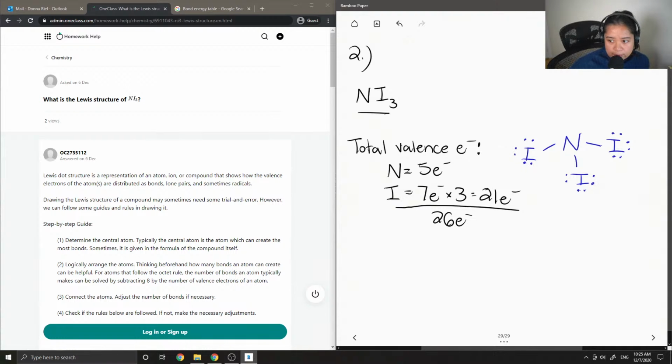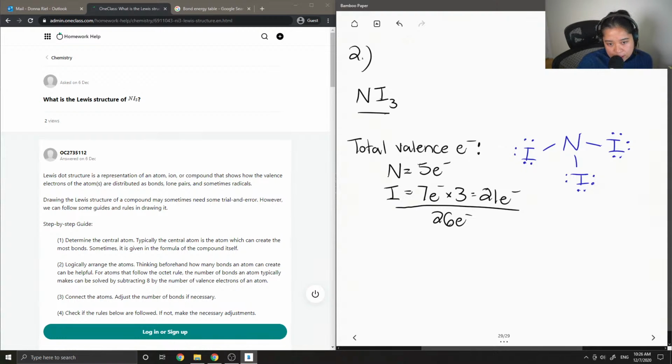Okay, so after I write all the lone pairs on all of the terminal atoms, I like to count how many I have so far at this step. Each bond contains 2 electrons. So we have 3 bonds, so that is 6. And then I'm going to count out all of the lone pairs. Each of the iodines has 6 lone pairs, so 8 times 3, I have 24 drawn so far.